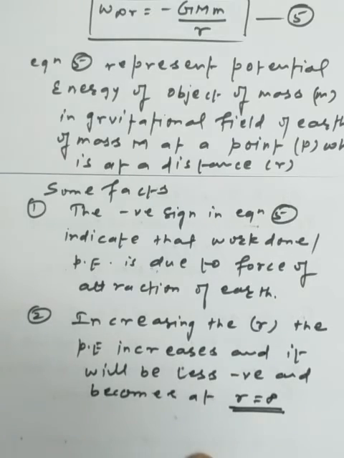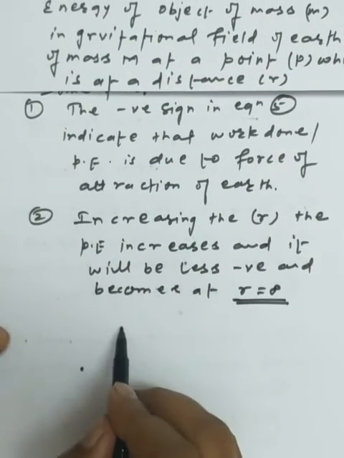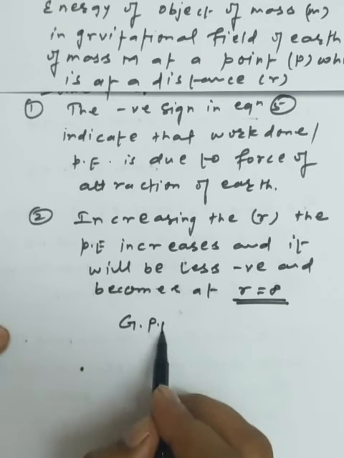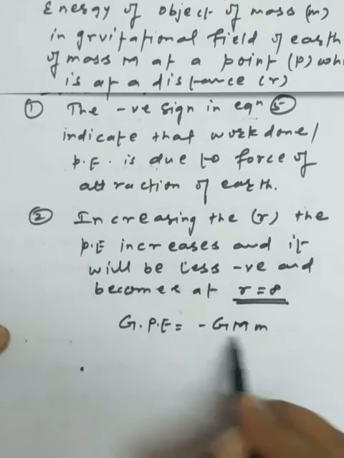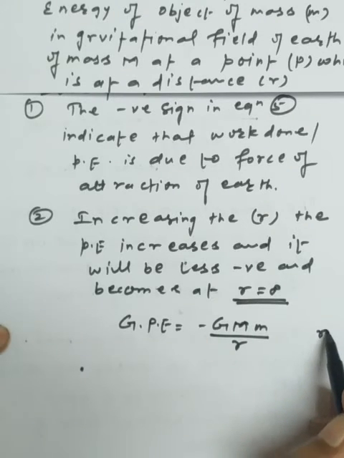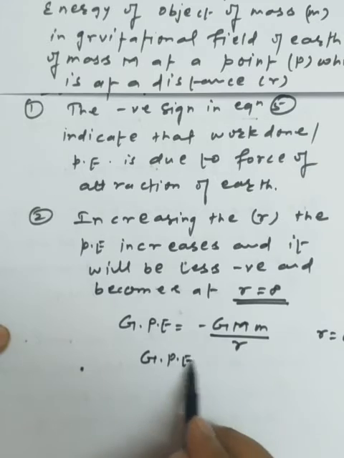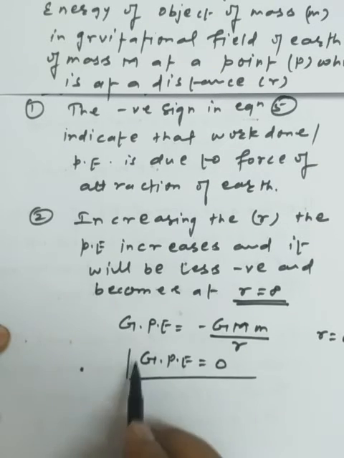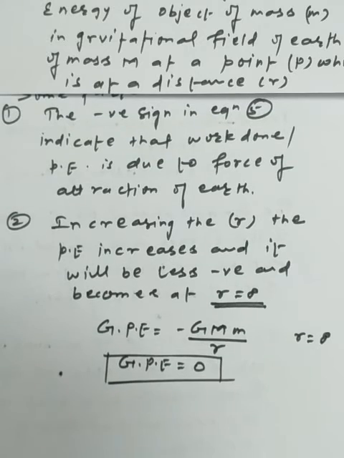As we keep r equal to infinity in the formula, the gravitational potential energy, stated as minus capital G capital M small m upon r, will become zero. So this is one of the representations we have.